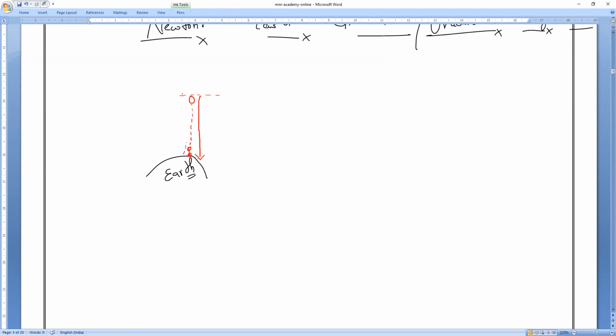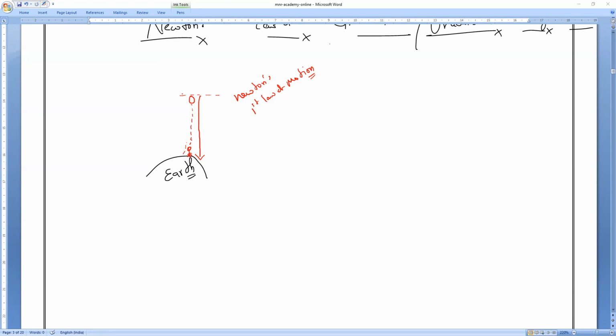So according to Newton's first law of motion, we all know that. What is Newton's first law? Yes, the law of inertia. So what will happen, guys, when a body will move?